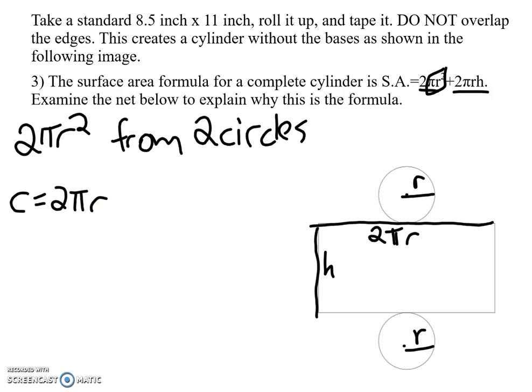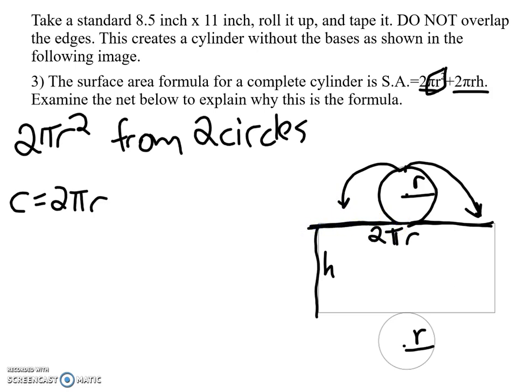Well, why would it be the circumference? Well, think about what's happening here. If we think about going around the circle, and what we do when we create the net is we're going to unpeel the circle, and it creates the straight line here, and then I unpeel it this way, and it's going to create this straight line right here.